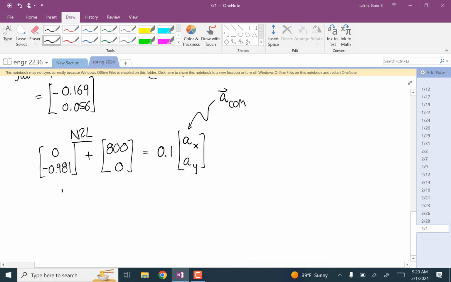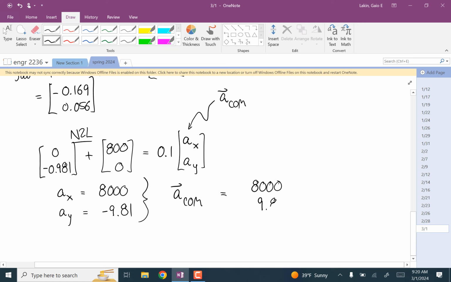So we have AX is equal to 8,000, and AY is equal to negative 9.81. So the acceleration of the center of mass is 8,000, negative 9.81 meters per second squared.